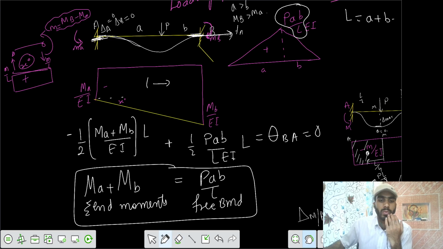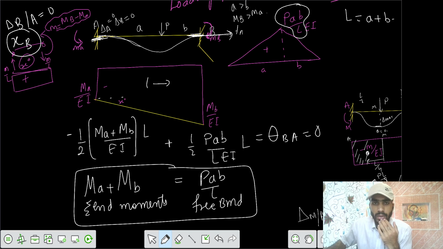So next, we want delta B with respect to A. So we want the centroidal distance about point B. Let's say the centroid of this one would be here, and we can calculate that x b, and similarly the centroid of this one would be here, and this one would be here.